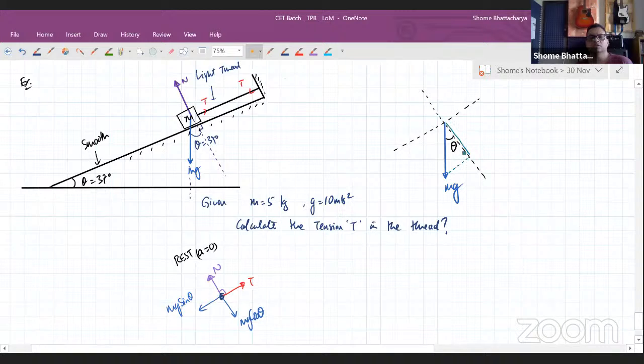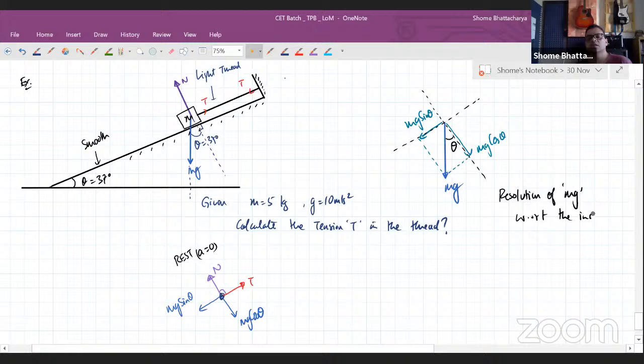This component is mg cos theta, and this component is mg sine theta. So this is the step where we are doing resolution of mg with respect to the inclined plane. Okay. So doing that step, we come to this free body diagram.